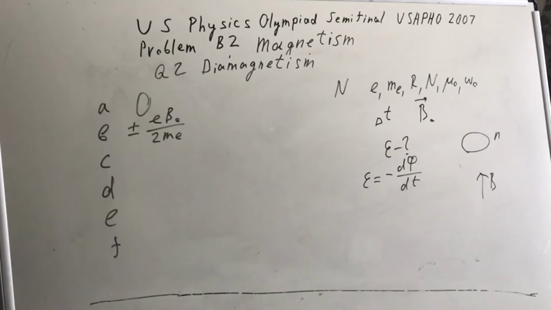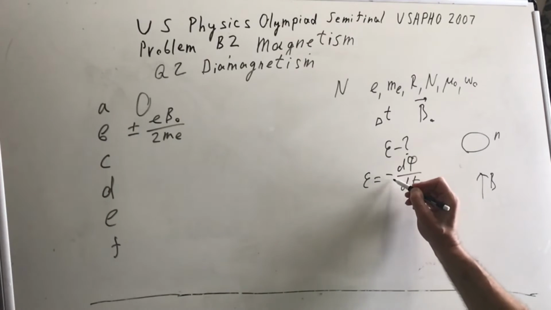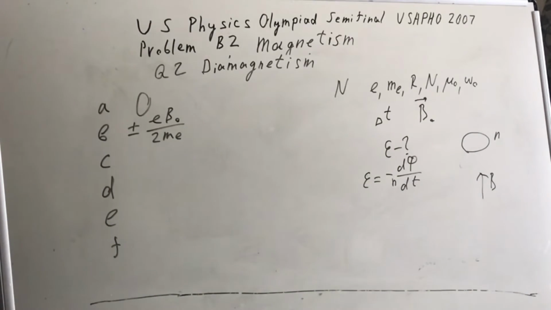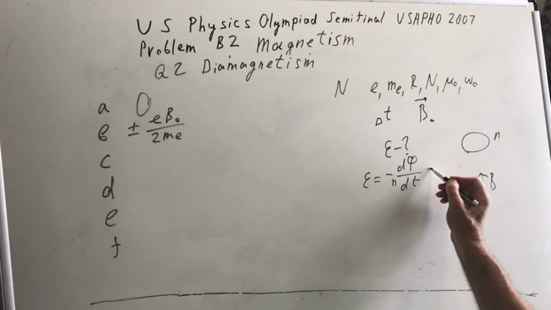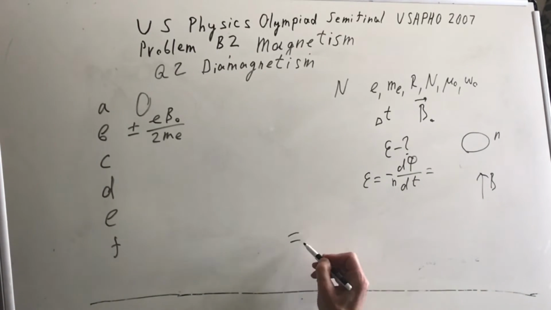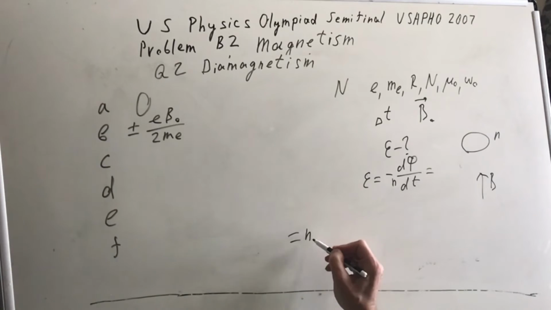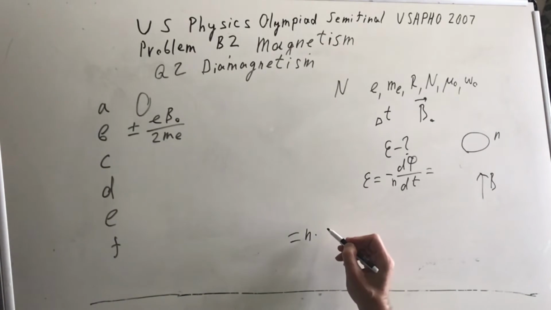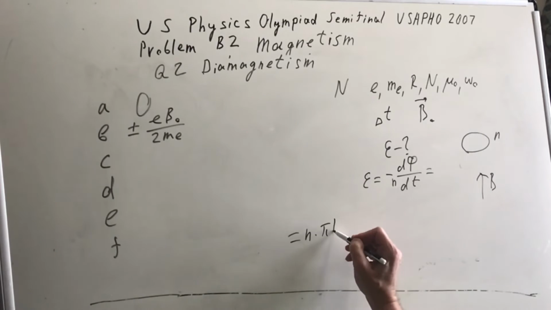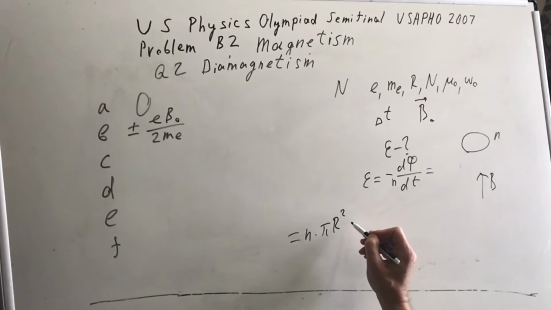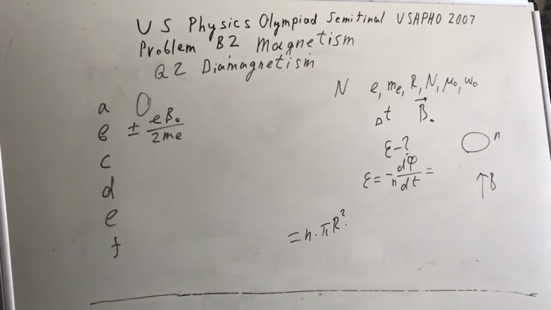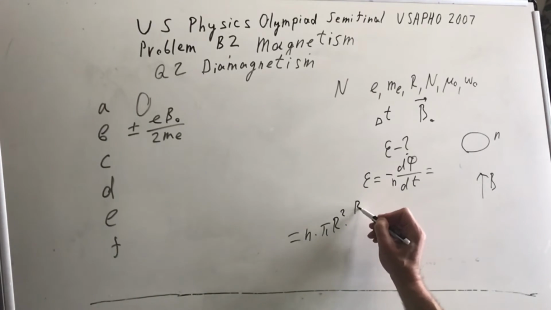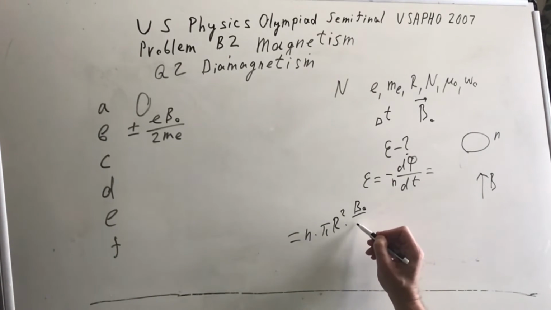So we need to multiply by this factor. We have n multiplied by the area, which is pi r squared, and multiplied by B0 over delta t.